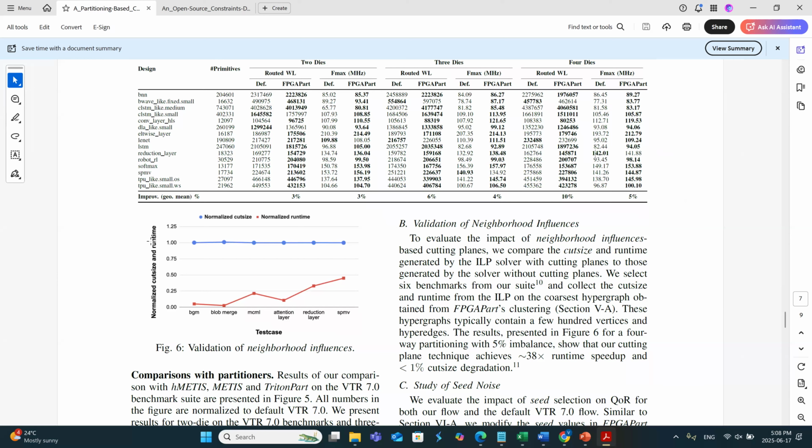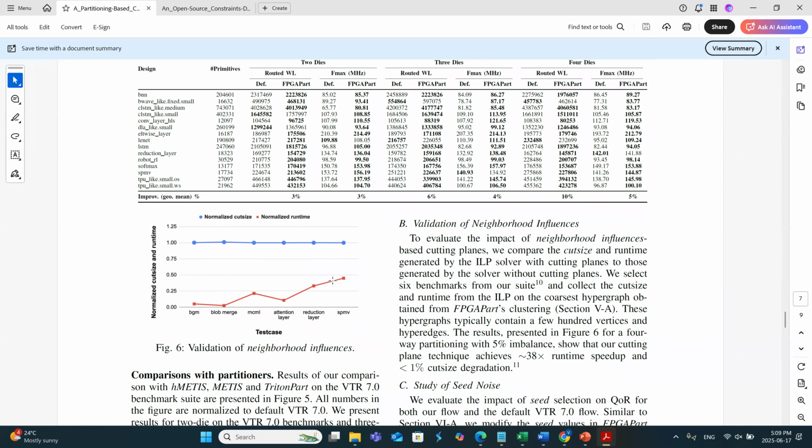So one of their other results I mentioned, they had this thing they called neighborhood influences, which is they're taking something they've discovered through heuristics, like I think the solution should have these nodes in the left partition. And they're comparing what cut size do they get on a bunch of Koios benchmarks when they use that versus they don't. And basically, they get about the same cut size, but they get a much reduced CPU time.